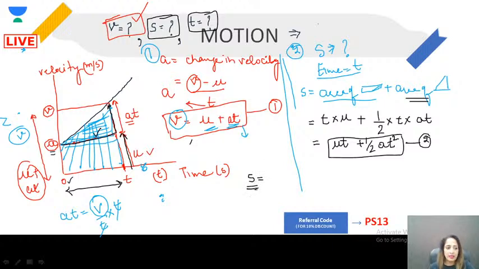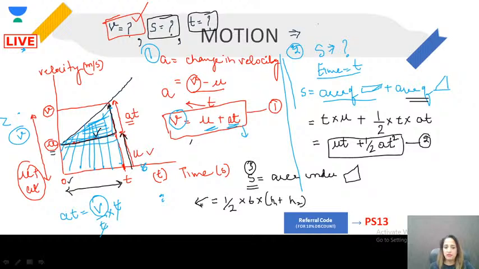We will calculate the area under the trapezium. This is our third equation. So what is the area of a trapezium? It is half into base into h1 plus h2.